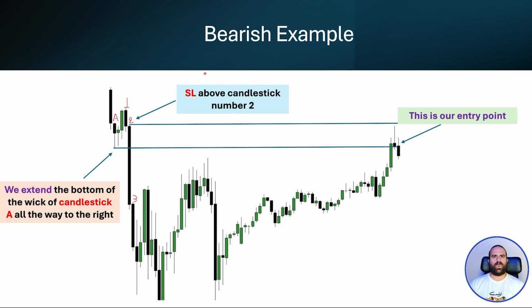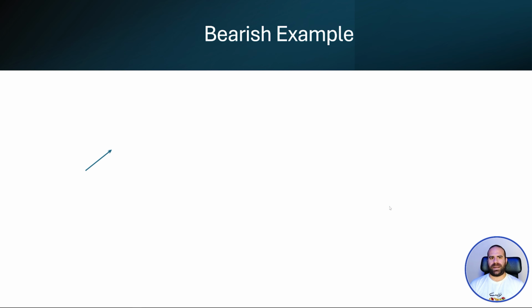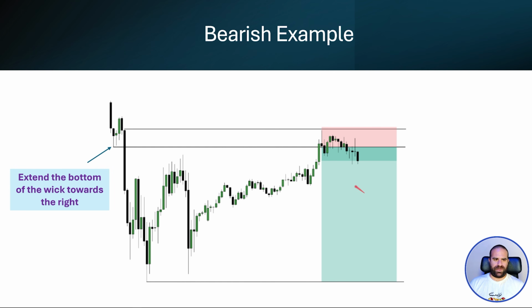The stop loss, where is it going? If you recall, above candlestick number 2. Okay, not all the way to the top, not above number 1, above candlestick number 2. And this is exactly how it looks like. You extend those two wicks, this was candlestick number 1, this is number 2, and this was number 3.